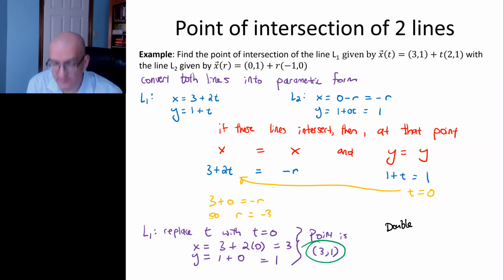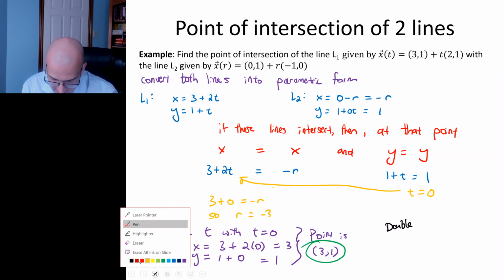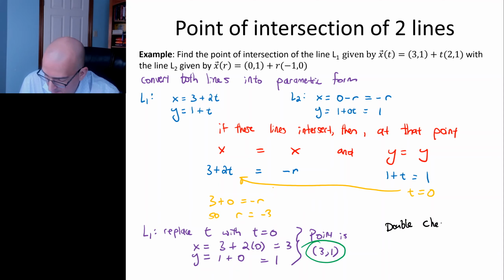Double check that r equals -3 plugged into L2 gives the same point.